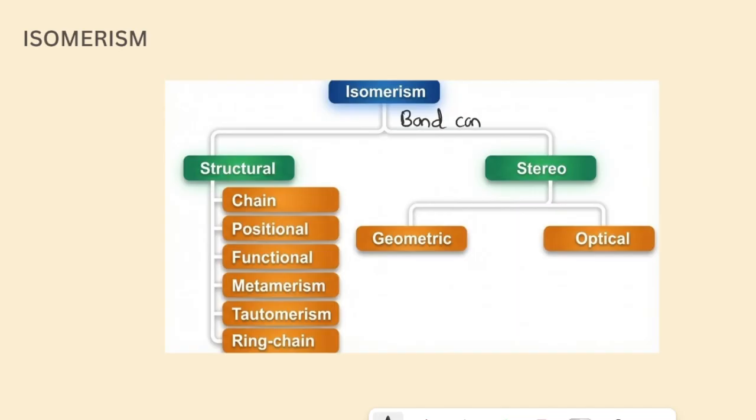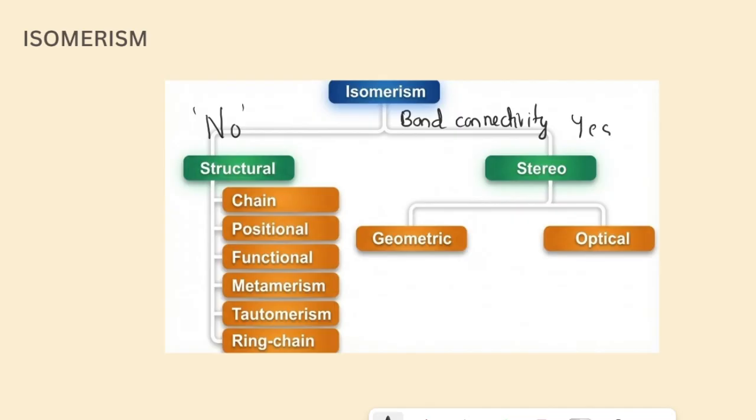What exactly does it mean? When the molecules have the same molecular formula but different bond connectivity, then we call them structural isomers. Now the question is, do the molecules have the same bond connectivity? No, they don't. The bond connection is different. Then we get the structural isomers.